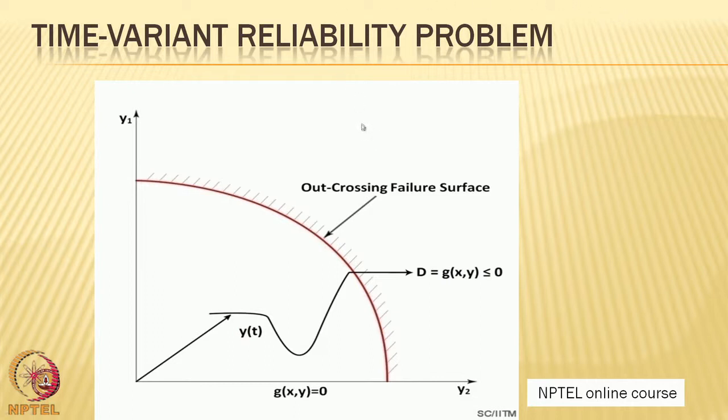The shaded region indicates the outcrossing failure surface, as indicated here, and y of t is actually a vector which outcrosses this limit state function as it processes through the value.